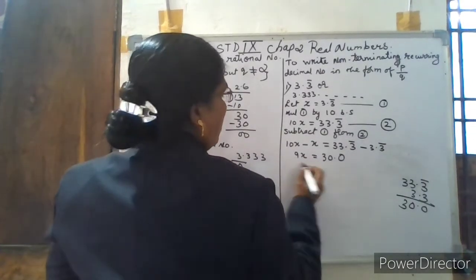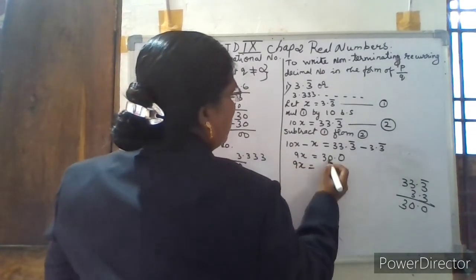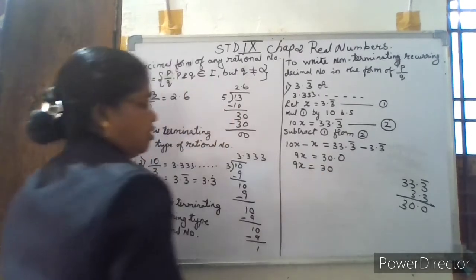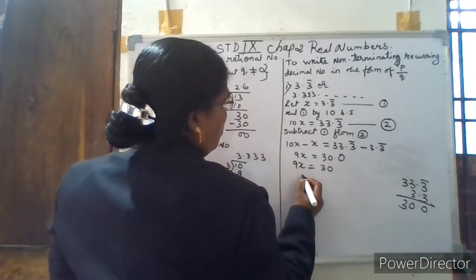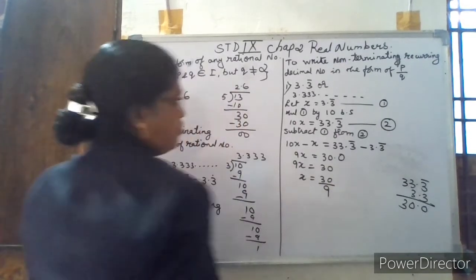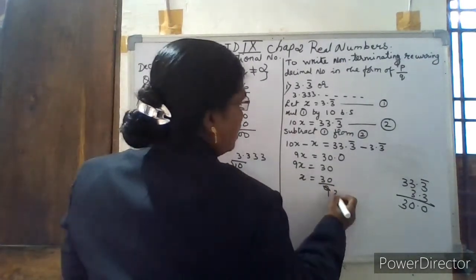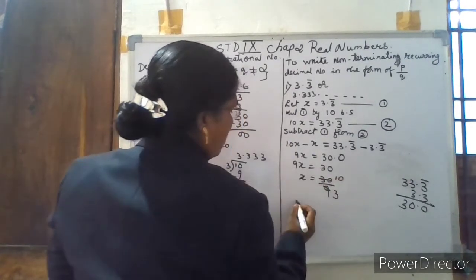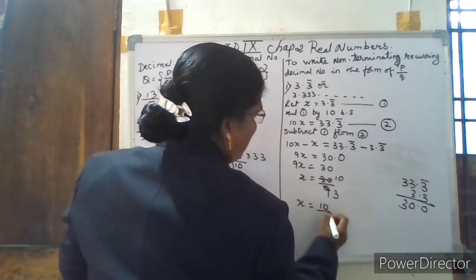That means 9x is equal to 30. So x is equal to 30 divided by 9. Now see, 3 3s are 9, 3 10s are 30, so x is equal to 10 by 3.